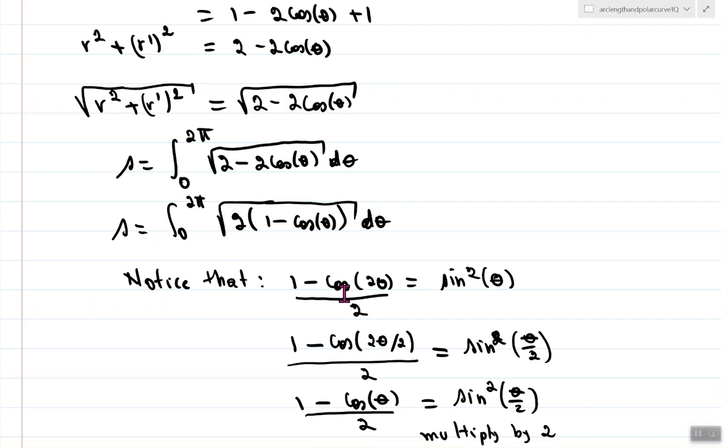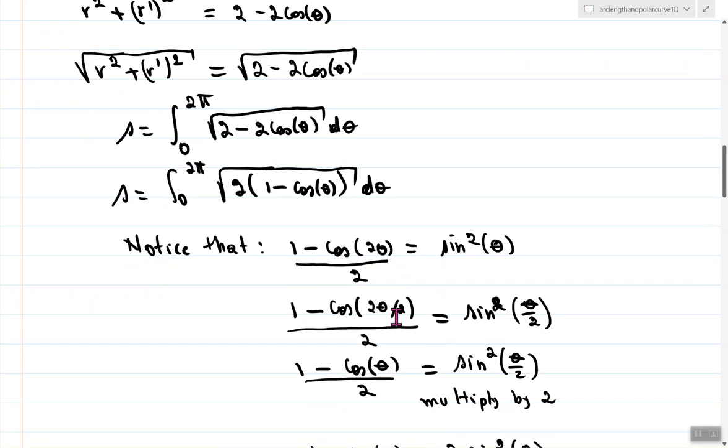We call this the double angle formula, which says 1 minus cosine 2 theta all divided by 2 equals sine squared theta. But here we have 2 theta in the formula, and over here we have theta, so it's not the same. How do we make this 2 theta become theta?